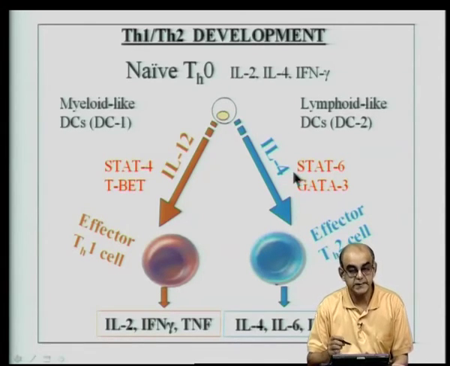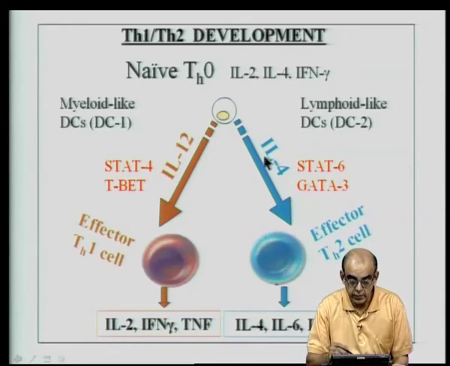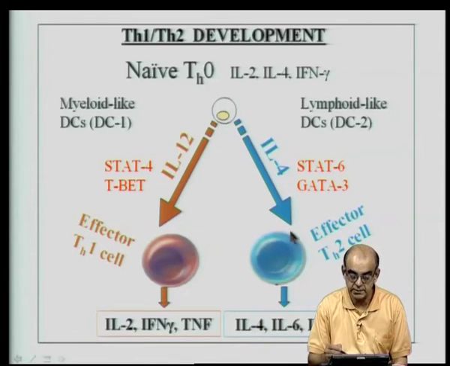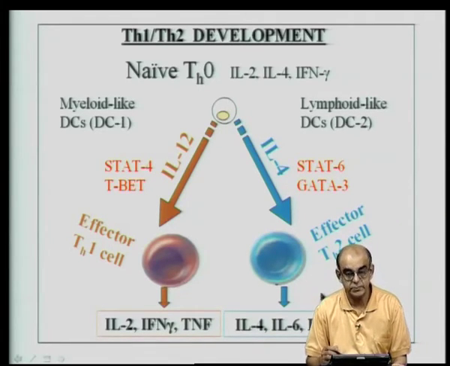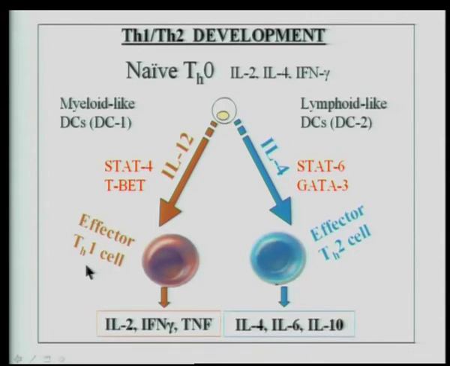Now, this is facilitated in the presence of IL-4. So, if IL-4 predominates in the medium, then you will see the differentiation of this Th0 to become effector Th2 cells. Now, the Th2 cell differs from the Th1 cell, as we saw in the last slide, in that they secrete IL-4, IL-6 and IL-10 as predominant cytokines, and the Th1 secreting IL-2, gamma interferon and TNF as the predominant cytokines.